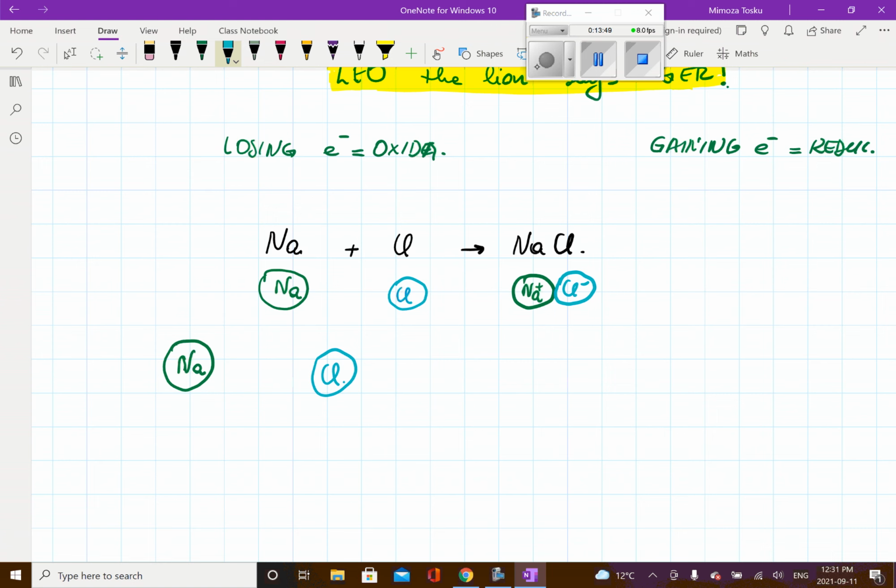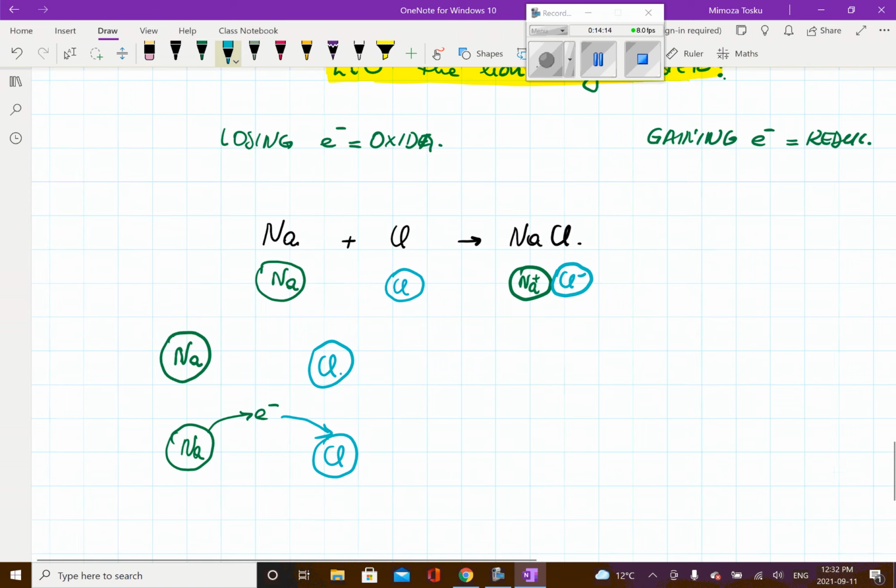When we say atom, that means they are neutral. In the process, sodium is giving away the electron, and chlorine is receiving the electron that sodium is giving away.